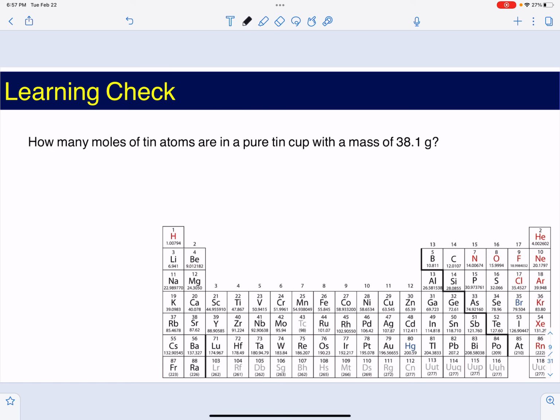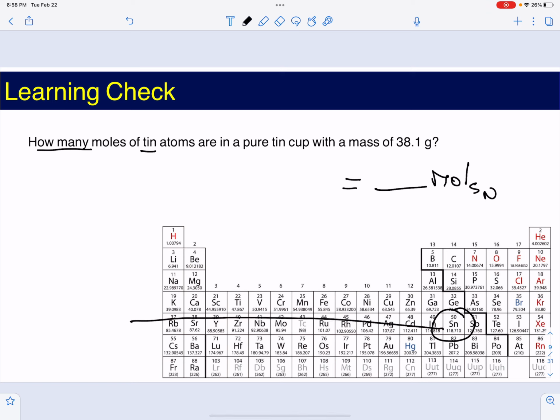So what are we looking for? Let's begin again. We're looking for the number of moles of tin. So I know I'm going to be looking at this element here. So tin is 118.7 grams for every 1 mole. So whenever you get the molar mass out of the periodic table, it's always for 1 mole.